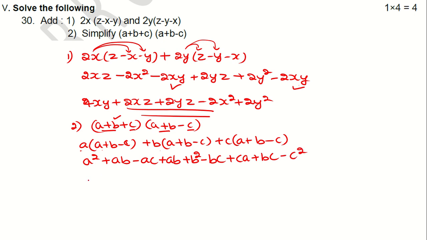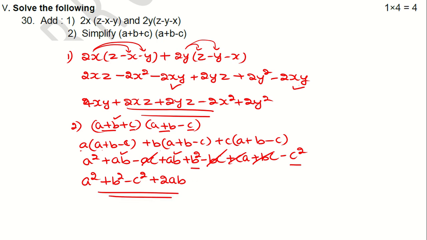So here we write this as a square plus b square minus c square. Here ab and also ab are there, we have to add that, 2ab, and here it is bc plus bc minus bc gets cancelled, and plus ac minus ac gets cancelled. So this is the term, the left term.